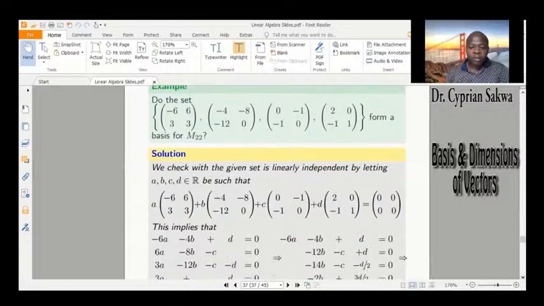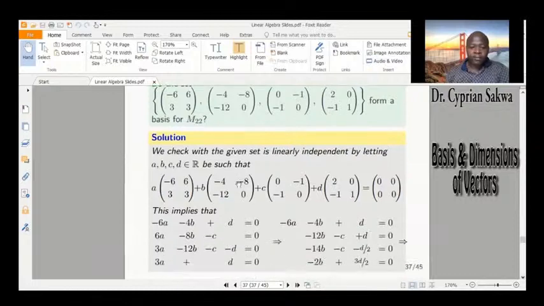So let me show what I did. I said, let me have the scalars A, B, C, D. So A times the first matrix plus B times the second matrix plus C times the third matrix plus D times the fourth matrix equals 0.